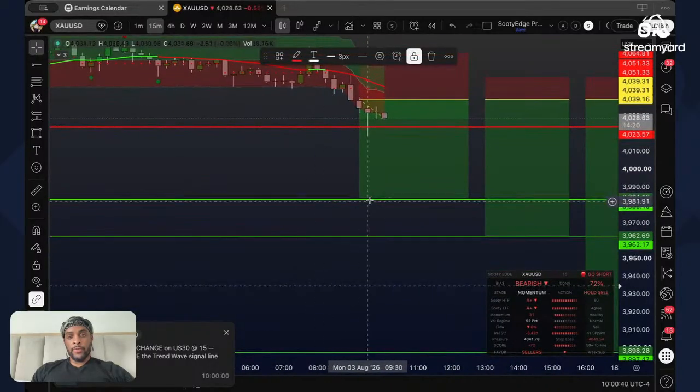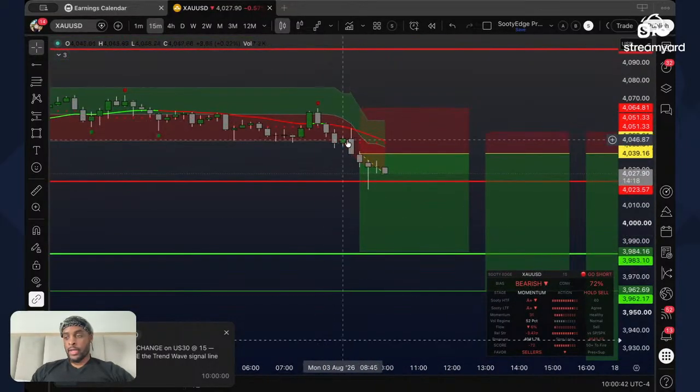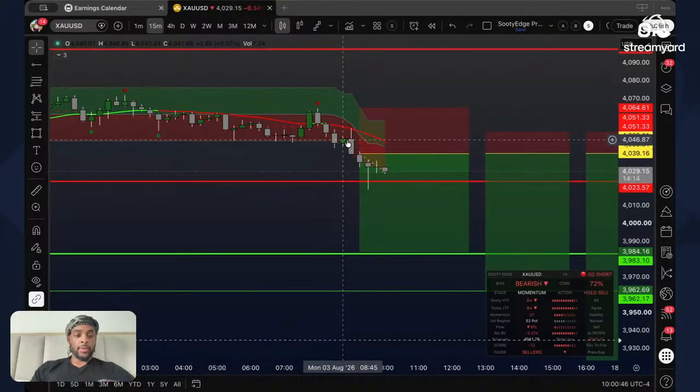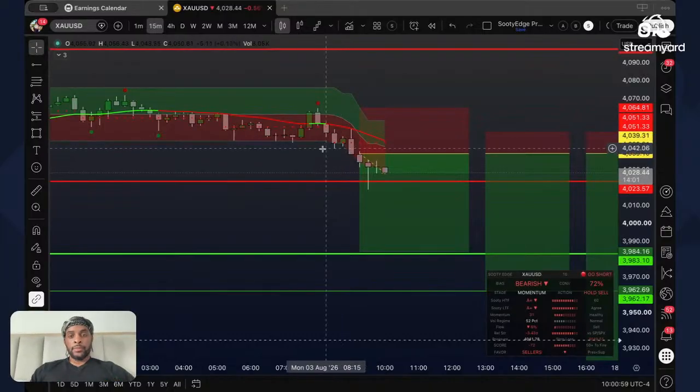I wouldn't be surprised if we hit this and then came back and took that candle out. So we're gonna see where it goes from here. But yeah, that's what I want to see.